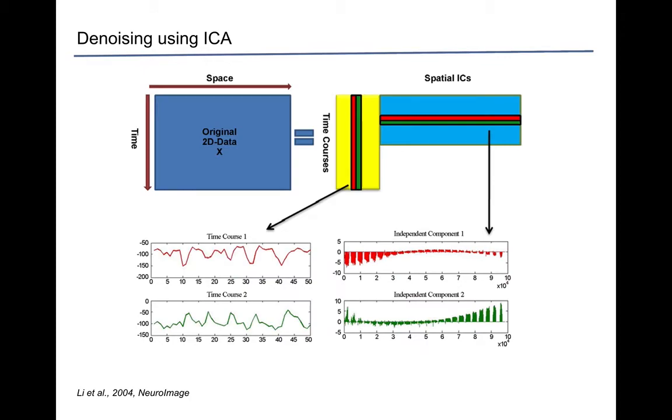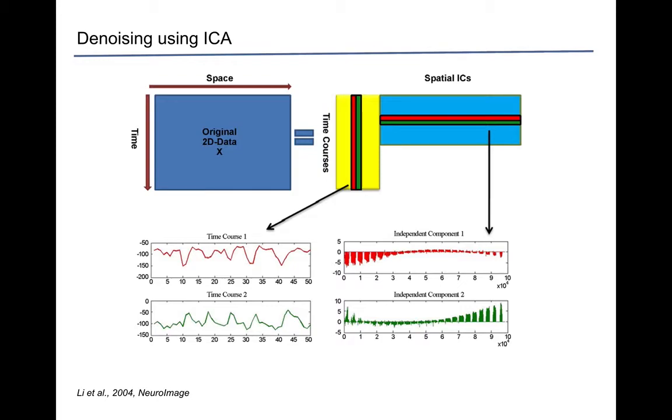There are other approaches that don't assume this model and let the algorithm decide. They are more data-driven approaches, and one of the most commonly used methods is called independent component analysis, or ICA.